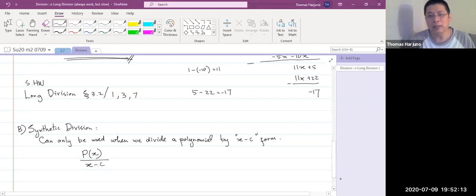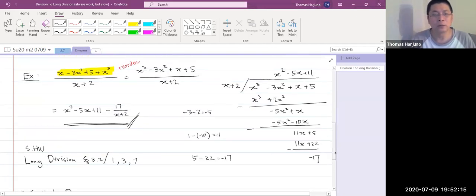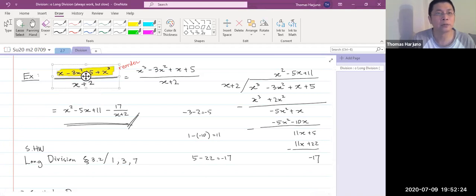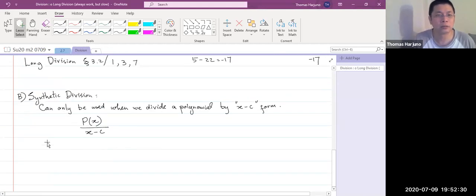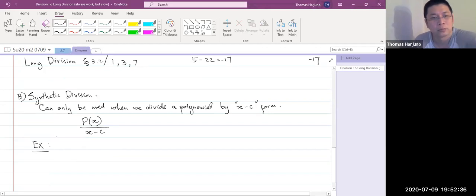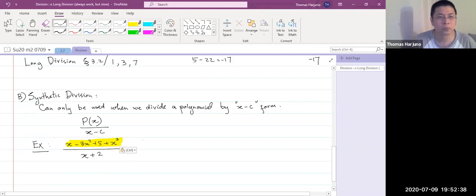So our last example actually, okay with that. So let me use that as an example. Copy. Suppose we have this now. Of course, we still need to make it into descending order.